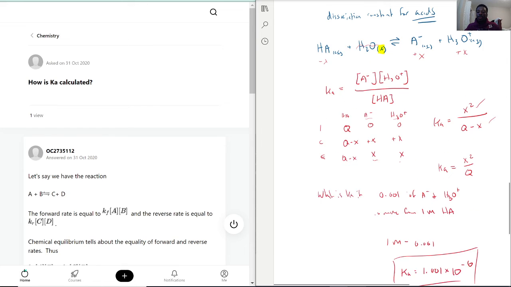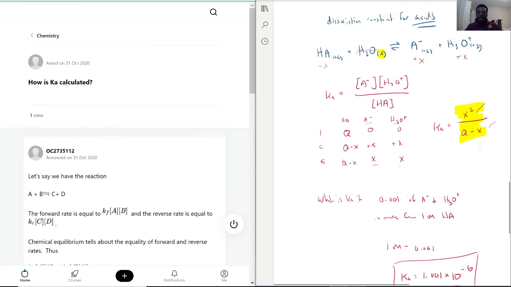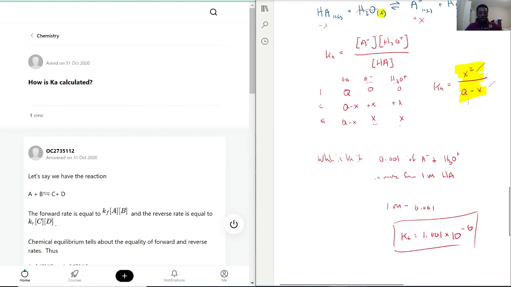So that would be how you do it. Exactly, these still are your best friends just because you can still understand them. I wouldn't use the quadratic one here, just because we are finding Ka and not the actual X value. We don't need to use any quadratic formula. So with that being said, this is how you calculate your Ka, and you're good to go.